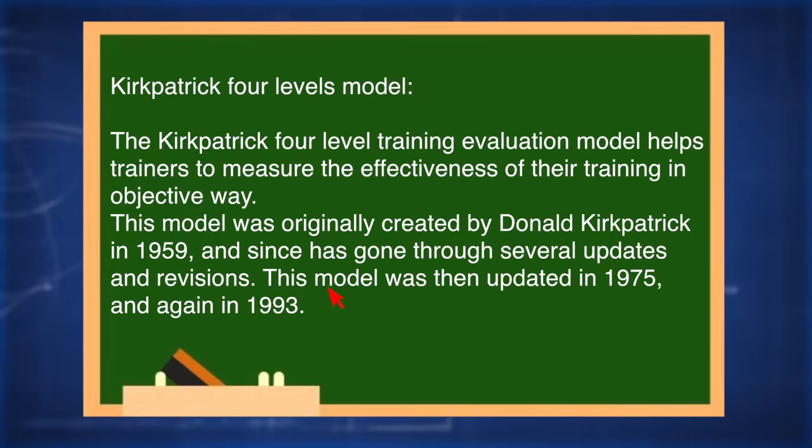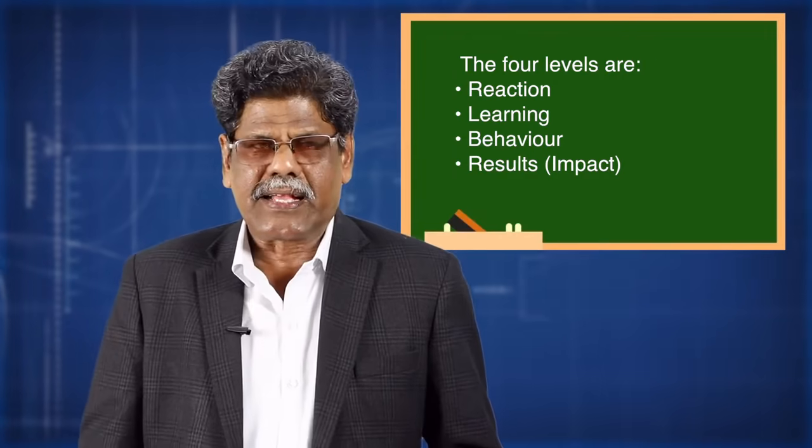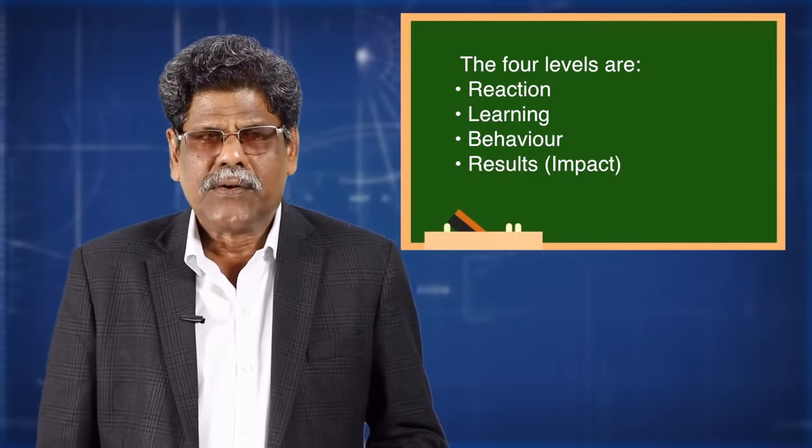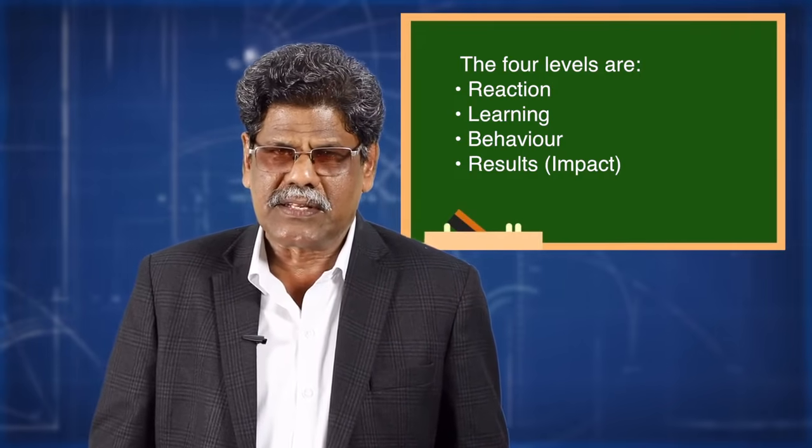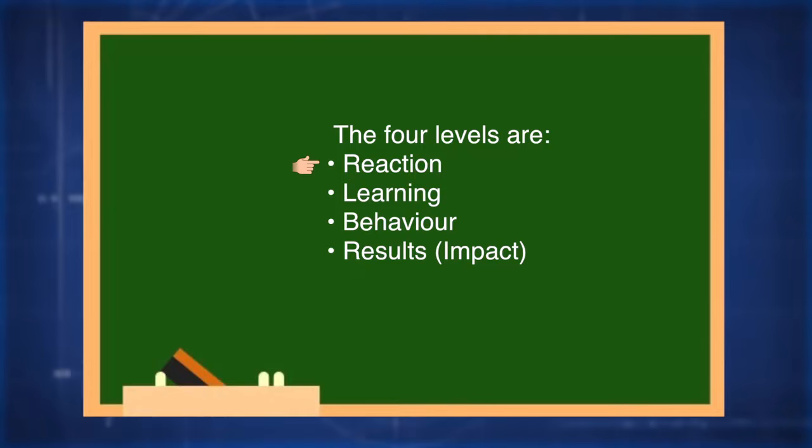The model was updated in 1975 and then again in 1993. He created 4 levels for this evaluation. They are reaction, learning, behavior and result. One by one we will discuss.